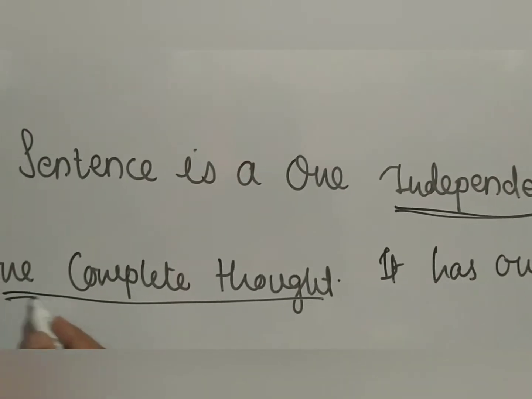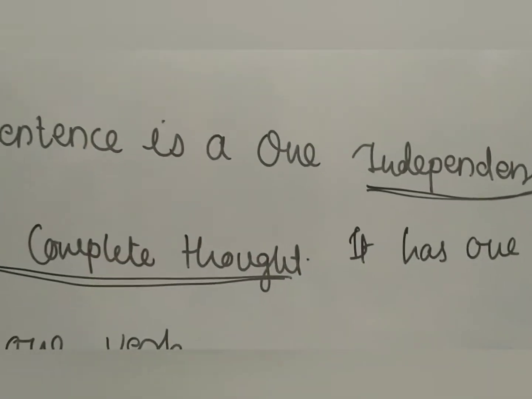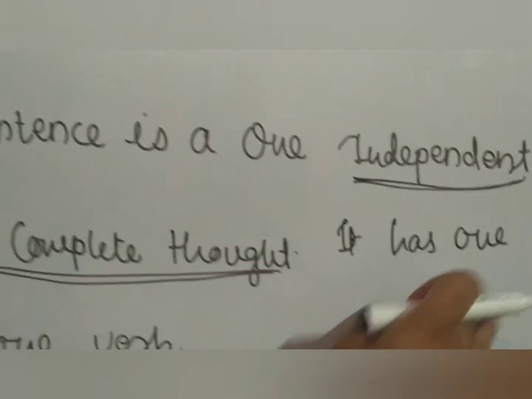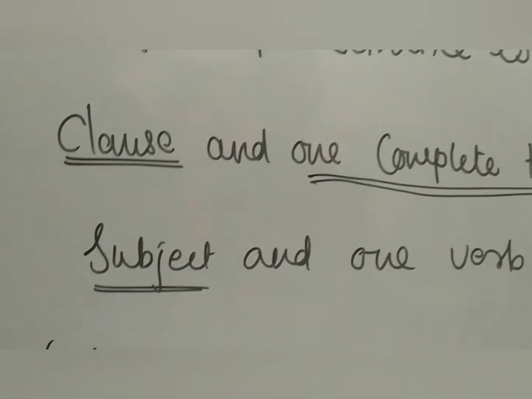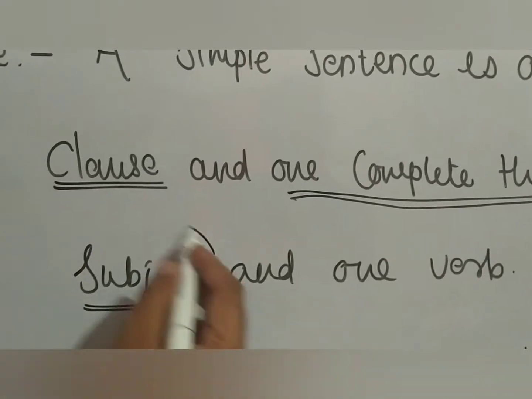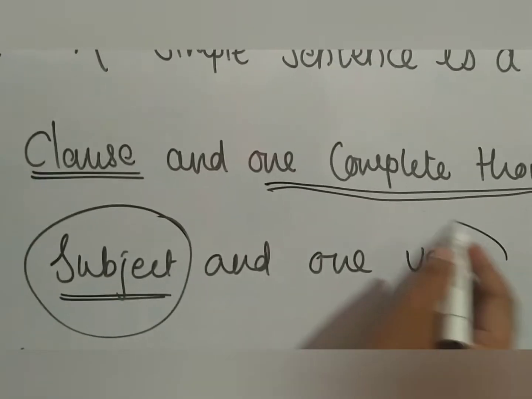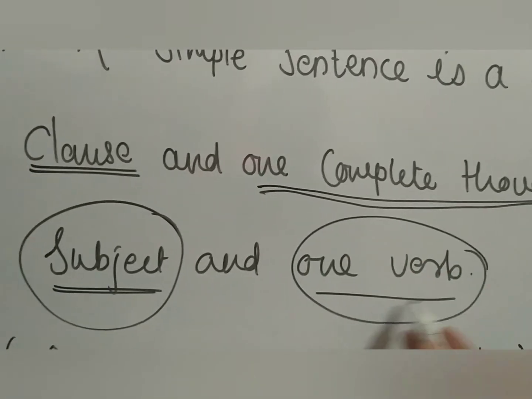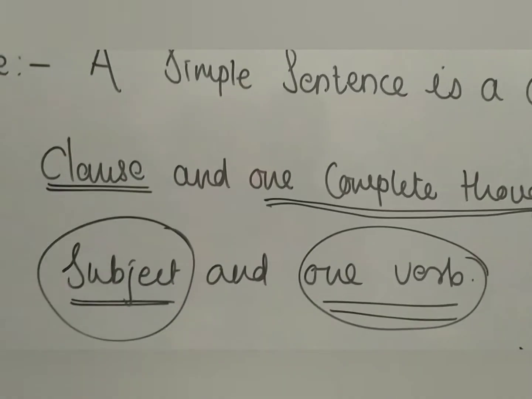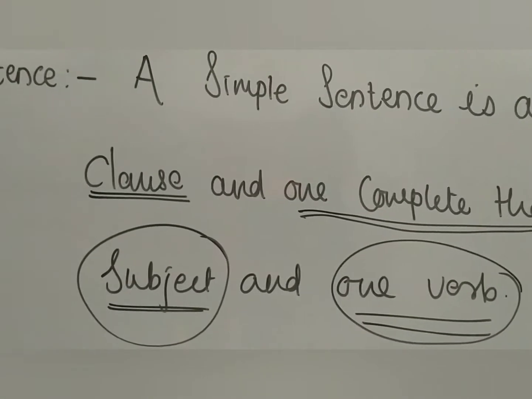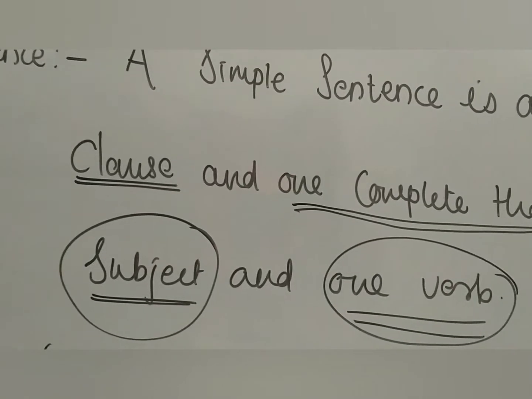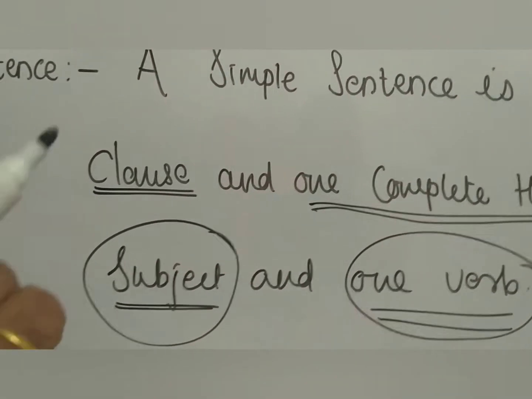It has the proper thought. It has one subject and one verb. Friends, in a sentence, if you see one subject and one verb, you can easily say that it is a simple sentence.